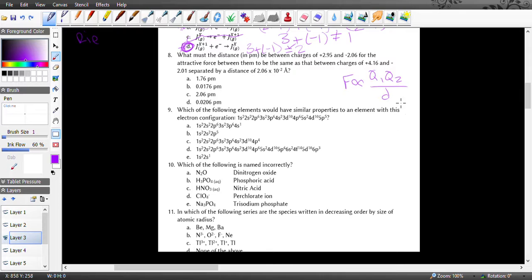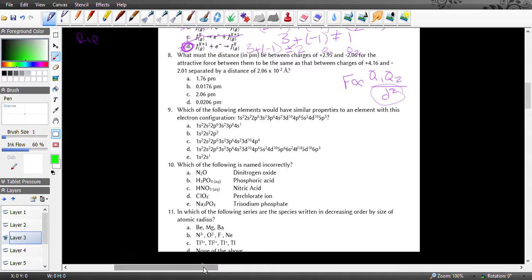In this problem, they're asking for the distance, which would be your D, between two charges. So this would be Q1, this would be Q2. An attractive force between them the same as, that's where it requires a little bit of thinking right here.